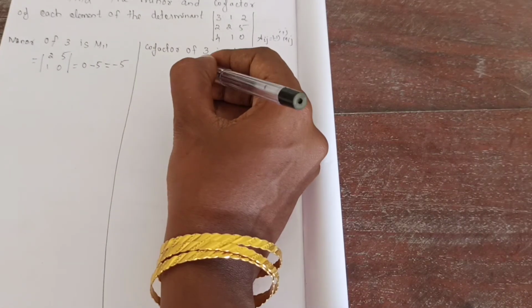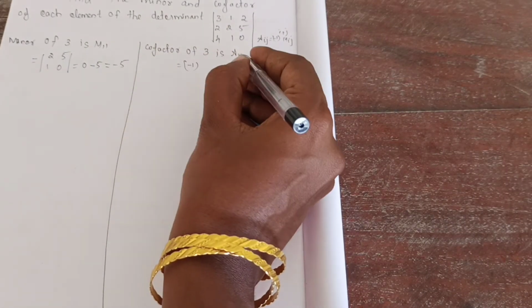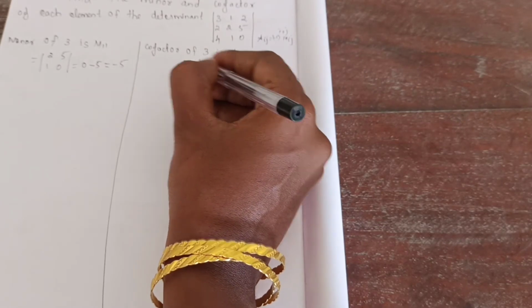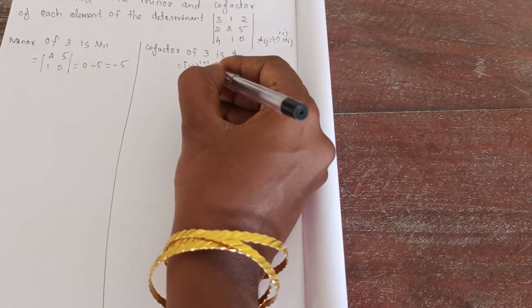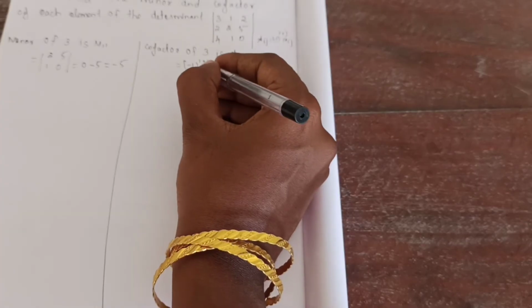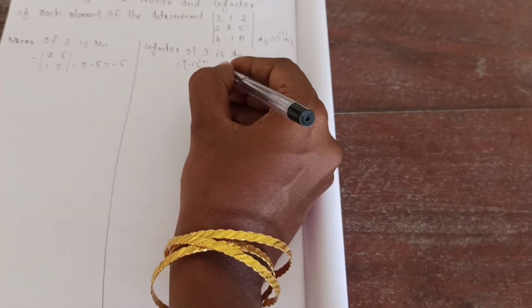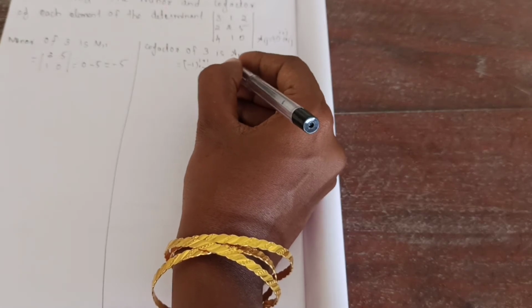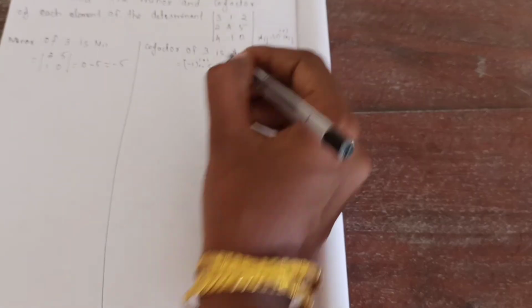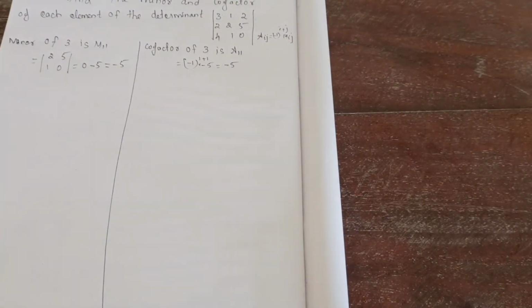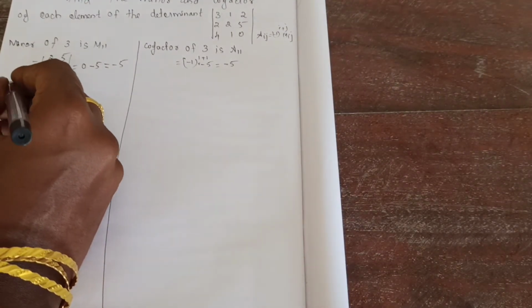So minus 1 the whole power 1 plus 1, and the Mij value is minus 5. Again and again I am not going to write the formula. Minus 1 the whole square means plus 1, so plus 1 into minus 5 is minus 5.